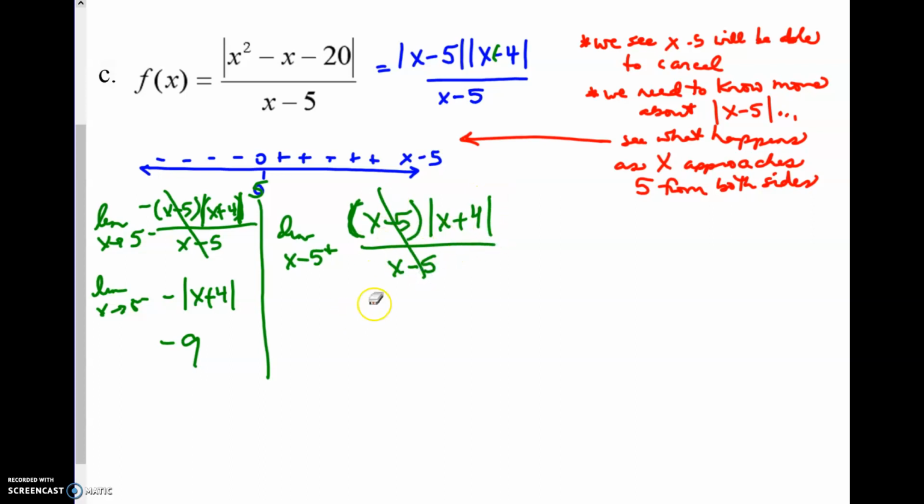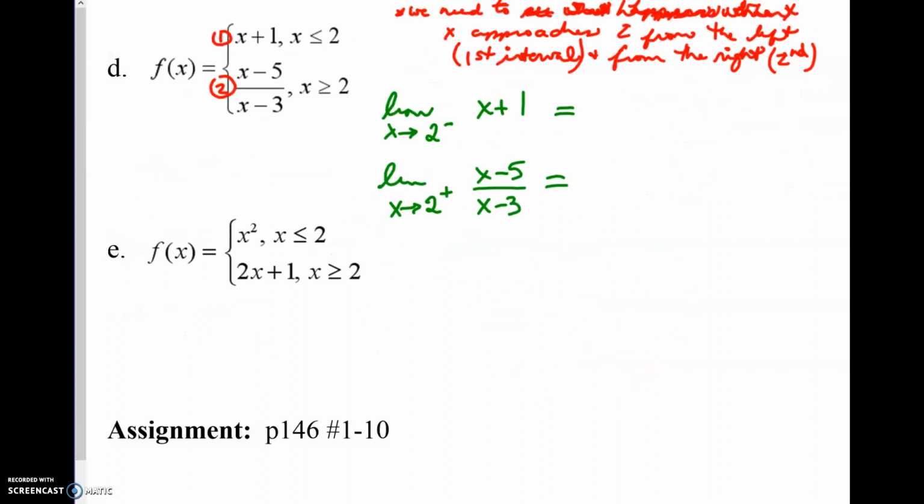They cancel out, and we're left with 5 plus 4 is 9. So when this function comes towards 5 from the left, it equals negative 9. It jumps then and equals positive 9 over here. We see this is a jump discontinuity.